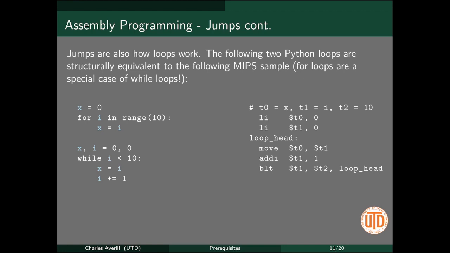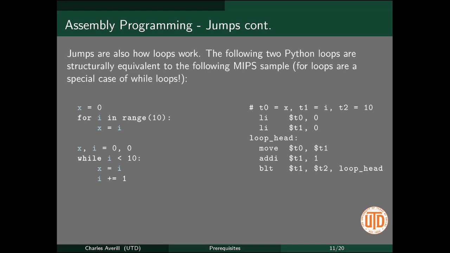After doing that, we're going to go into this loop head block. The first thing we're going to do is move the contents of T1 into T0. That's actually a copy. It's not like it erases the value of T1 afterwards. But that is our assignment statement that we see in both loops where we set x equal to I. Because remember, T1 is I, T0 is x, so it makes sense.